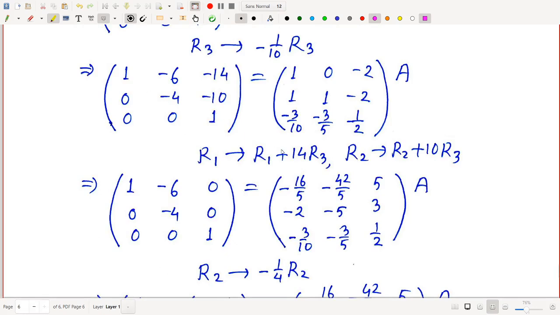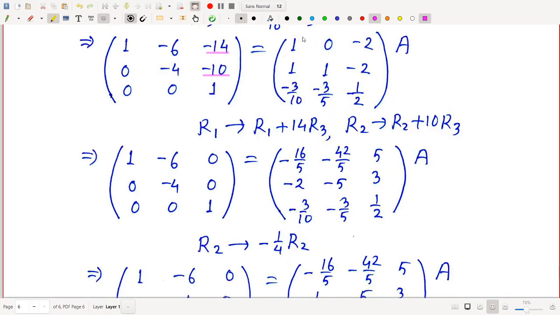this 1 R1 plus 14 R3, why we want to make this element 0? We want to make this as unit matrix, so this should be made 0. So R1 plus 14 R3, if we do, it will be 0, and R2 change to R2 plus 10 R3, it will be also 0. So this operation we have done, so 0 0 coming, but here accordingly we have changed.